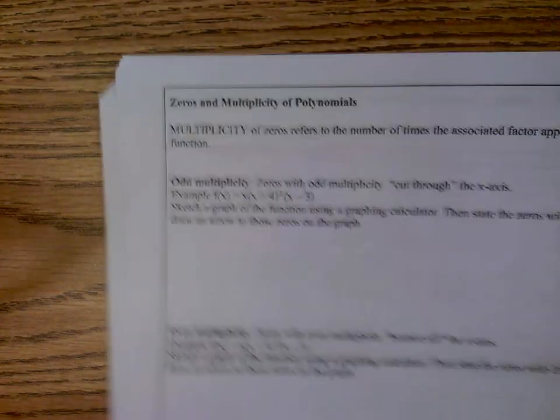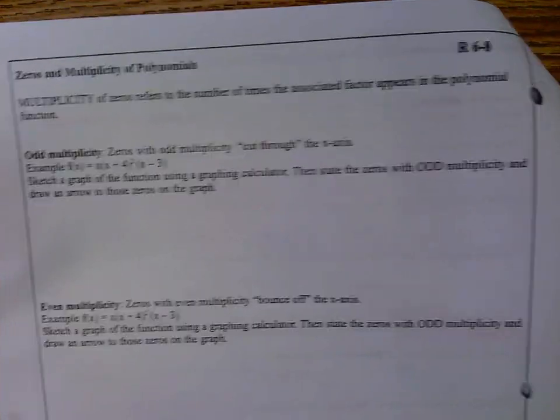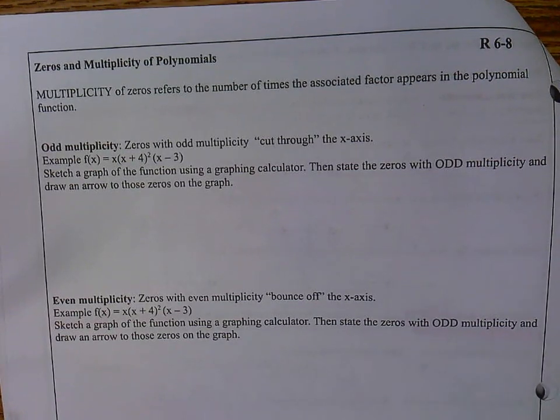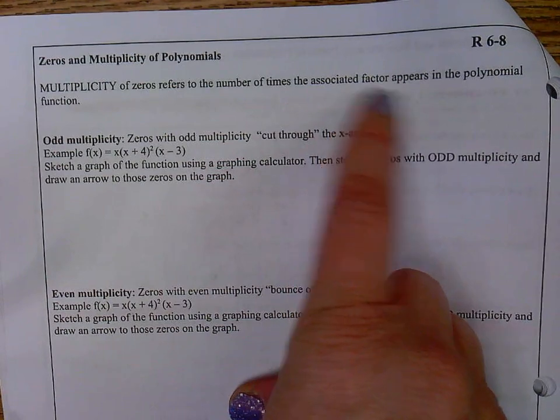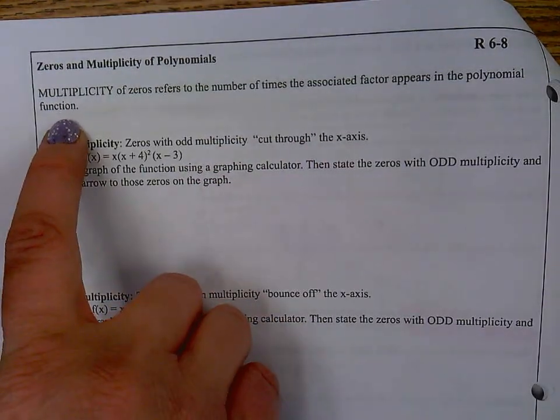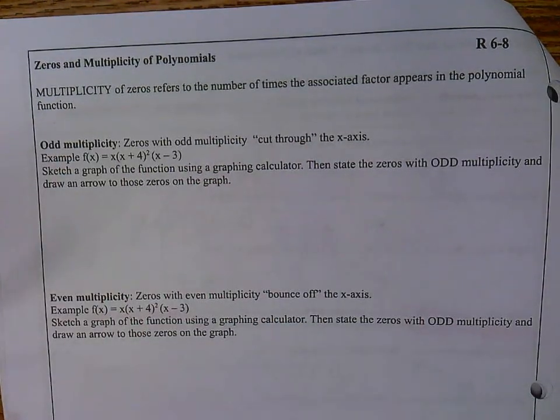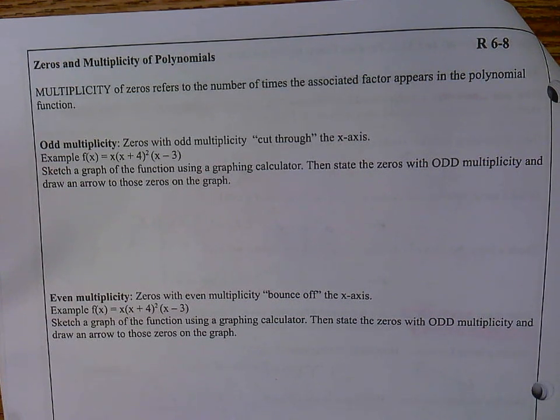Here's the little bit more important page and what we're going to be looking at today, the idea of multiplicity. Multiplicity is just how many times a factor appears in the polynomial function. So, for example, we've only looked at times when a factor appears once. X plus 1 is appearing once.